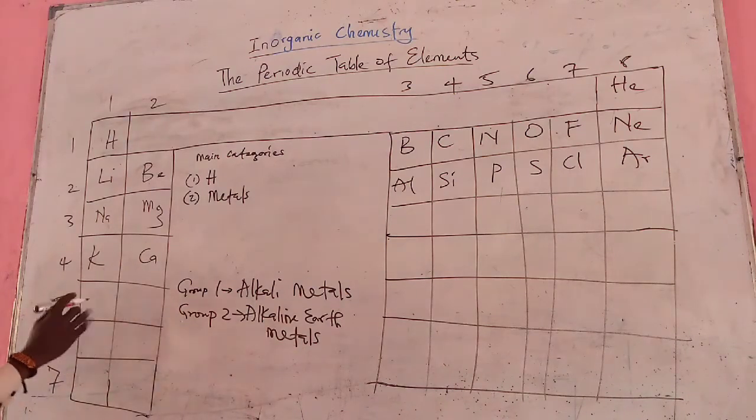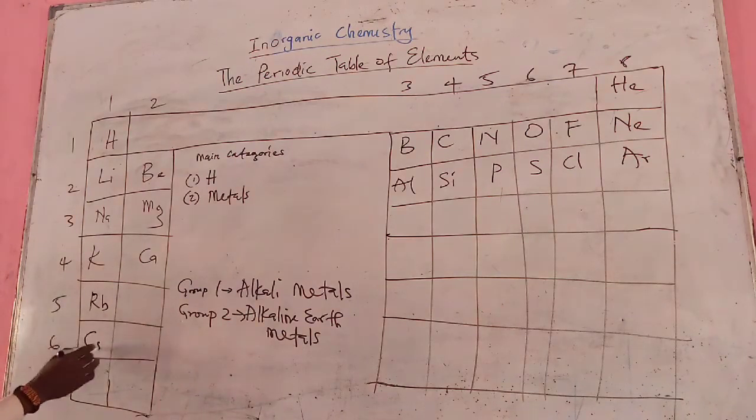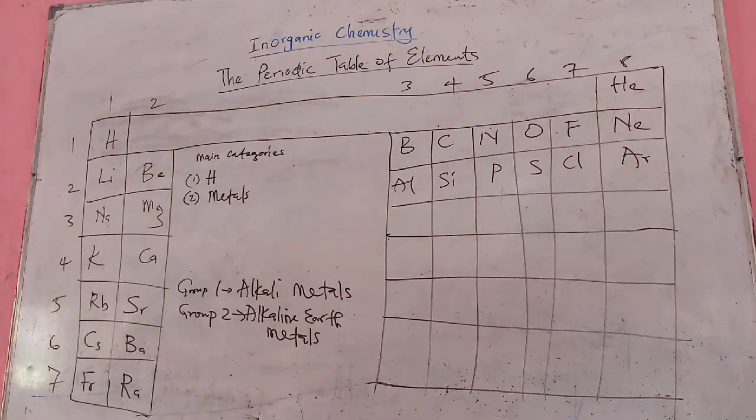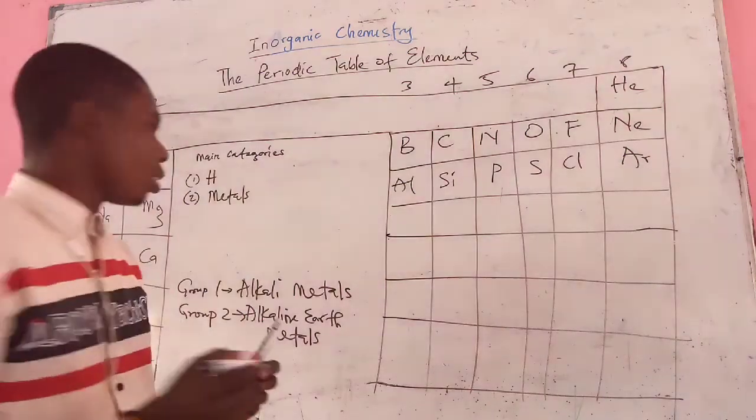We still have some other elements here. Let's say rubidium, cesium, francium is here. Then we have strontium here, we have barium here, we have radium here. Radium is 88. And this is 56. Of course, strontium is 38.